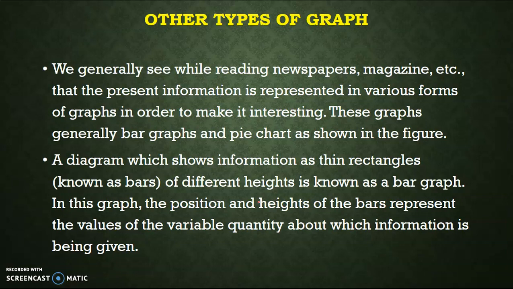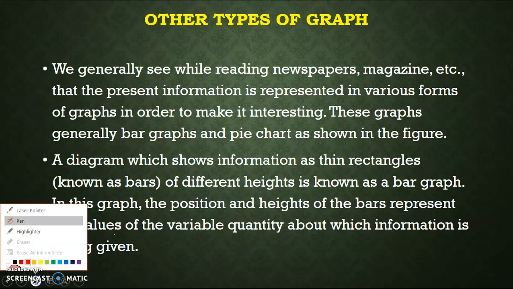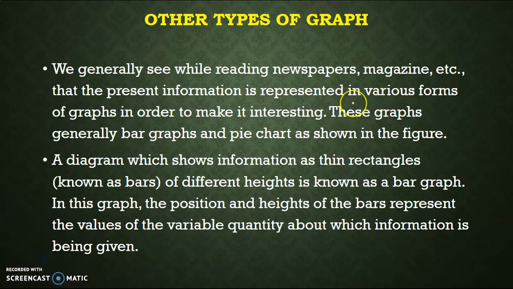Other types of graphs we generally see while reading a newspaper, magazine, etc. The present information is represented in various forms of graphs. In order to make it interesting, the graph is generally a bar graph or pie chart. I think you have heard about the bar graph and pie chart, which is shown in the figure.